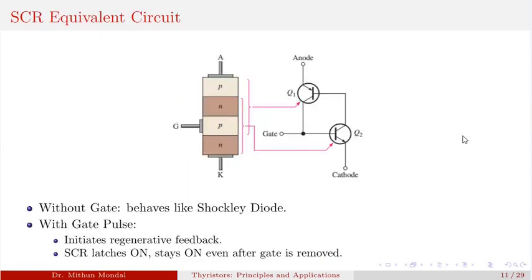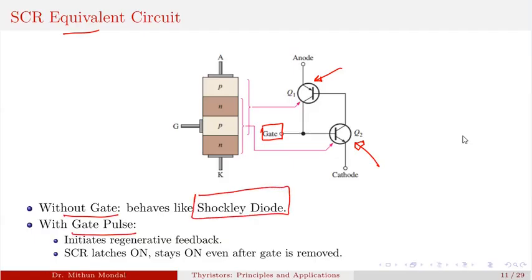Again, the silicon controlled rectifier equivalent circuit is the two transistor model Q1, Q2, and along with that there is a gate which is the extra terminal connected. If there is no gate, then it behaves like a Shockley diode. And with a gate pulse, you can initiate the regenerative feedback and the silicon controlled rectifier will latch on and stay on even when the gate is removed.